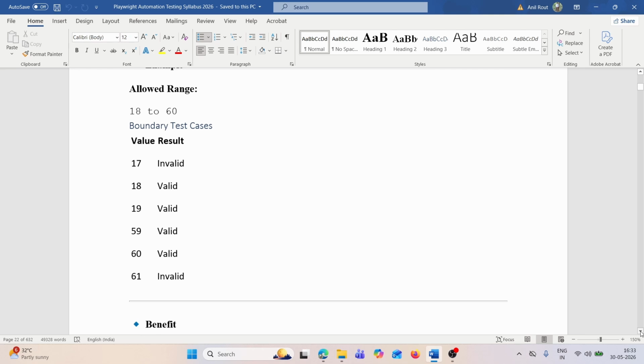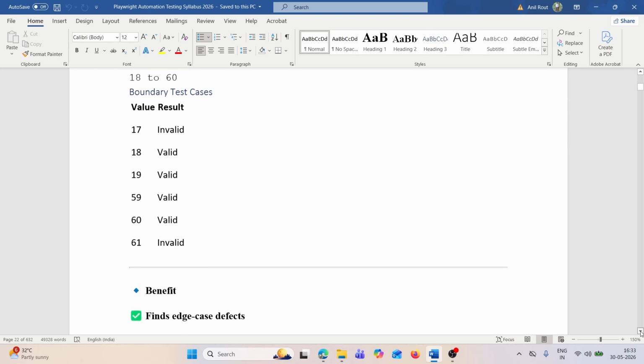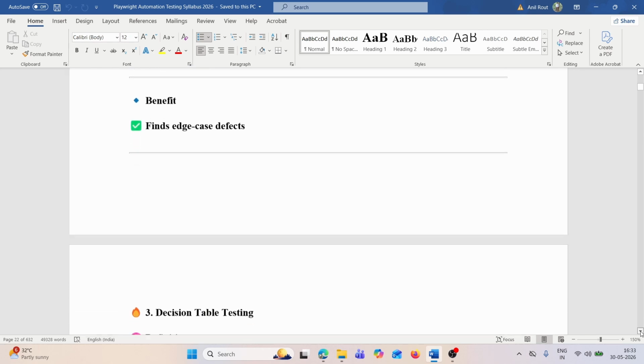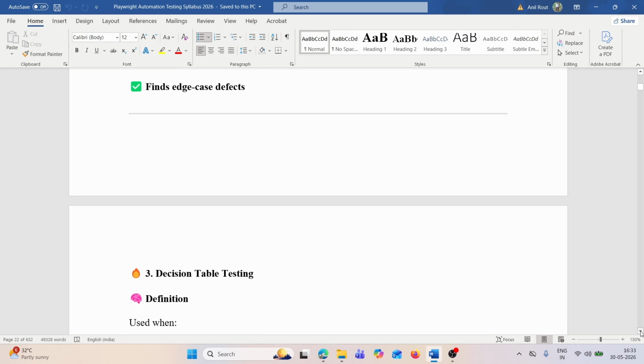So in boundary test cases, 17 is invalid, 18 is valid, 19 is valid, 59 is valid, 60 is valid, 61 is invalid. What are the benefits? Finds edge case defects.